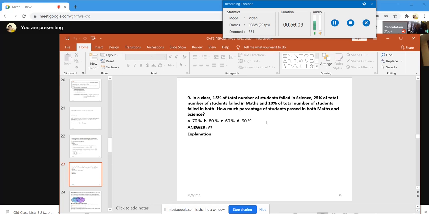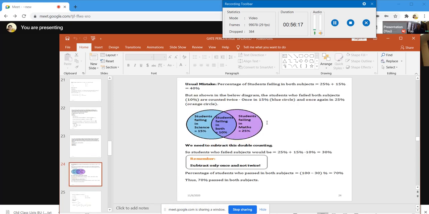Whenever they are asking this type of relation, immediately we think about the Venn diagram. From the Venn diagram, you just draw first. Students failed in science is 15%, students failed in mathematics is 25%, and students failed in both cases is 10%. The 10% who failed in both are already counted in science and in mathematics.